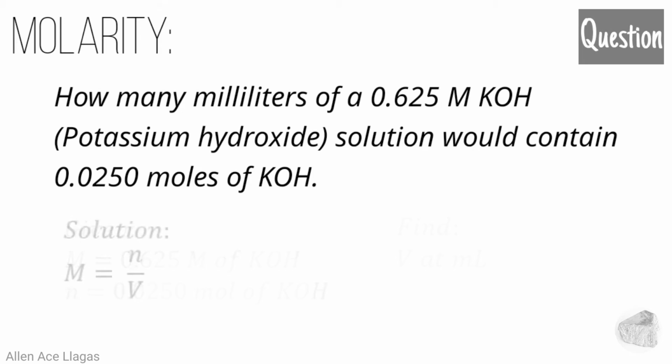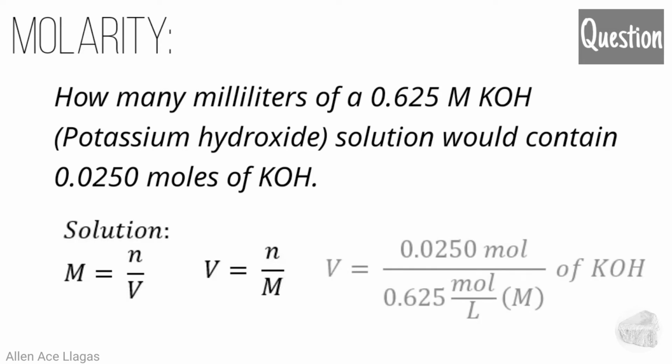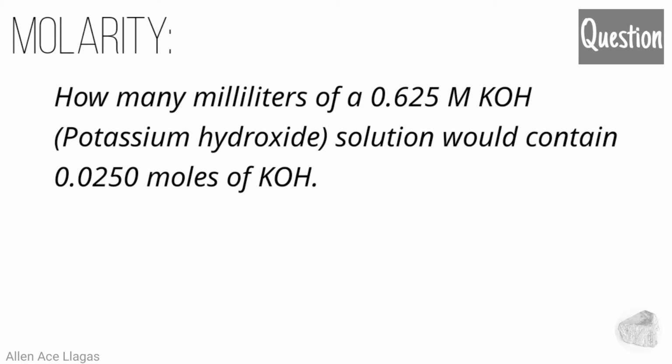By deriving our formula, we now get V equals n all over M, and we substitute the values: 0.0250 moles all over 0.625 moles per liter of KOH. We cancel our moles and leave behind liters as our main unit. By division, we now get 0.04 liters of KOH.